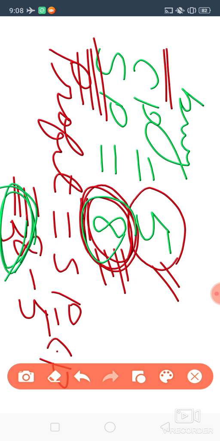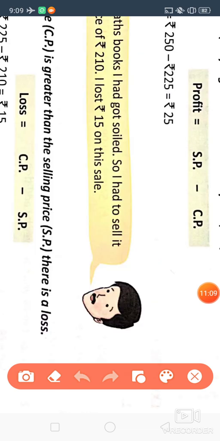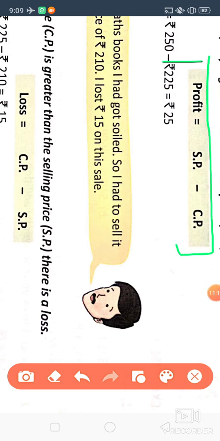So two formulas you have to remember. Profit means how much benefit you are getting, isn't it? Profit is equal to SP minus CP. SP means the amount for which you are selling, CP means the amount for which you have bought.